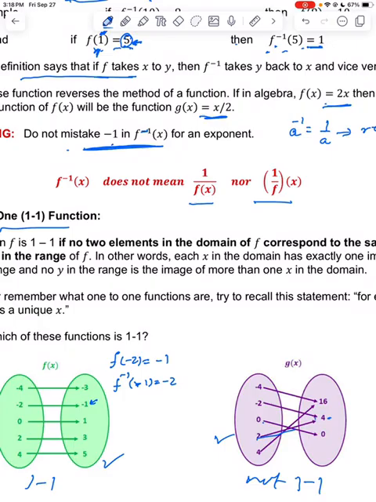But if you look at this function g, we know that, for example, g of -4 is 15. So if we have an inverse of this function, then the inverse of 15 should be equal to -4.